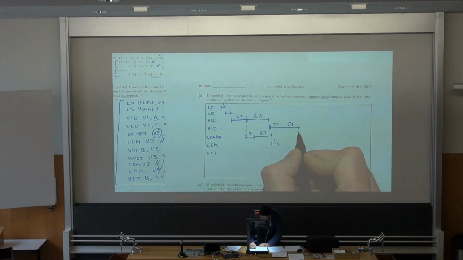Observe that we only have 1 port, so we will have to wait until the second load finishes, and then we can issue this first store instruction.